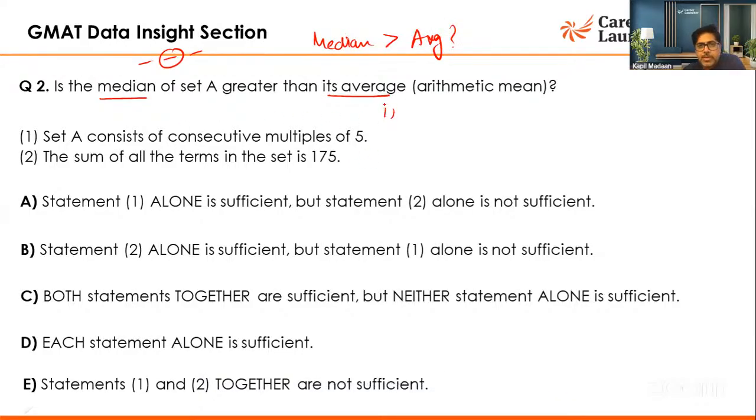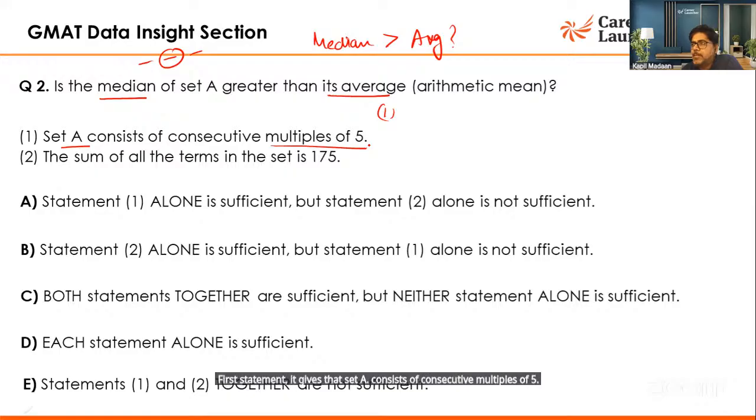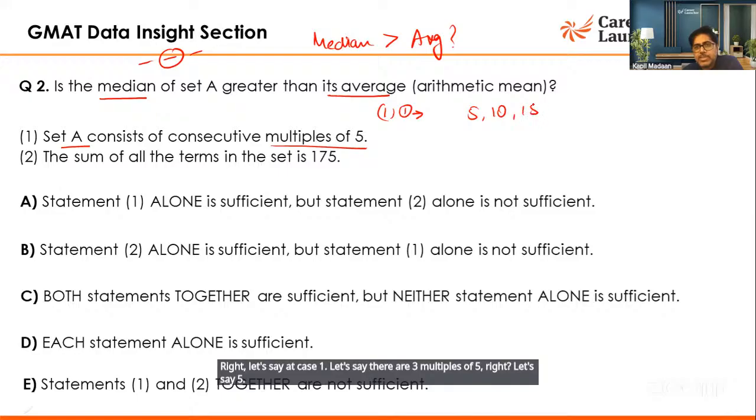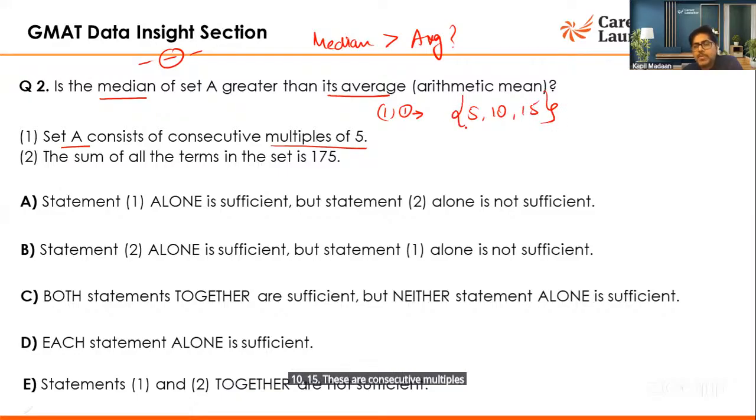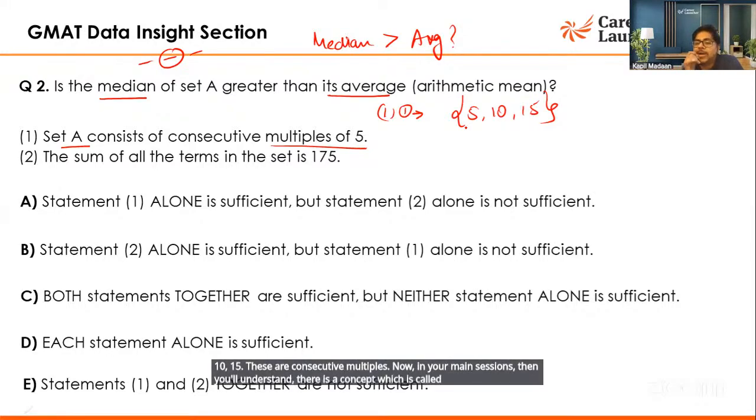First statement gives that set A consists of consecutive multiples of 5. If there are consecutive multiples, let's take case 1. Let's say there are 3 multiples of 5, say 5, 10, 15. These are consecutive multiples. In your main sessions, you'll learn a concept called arithmetic progression.